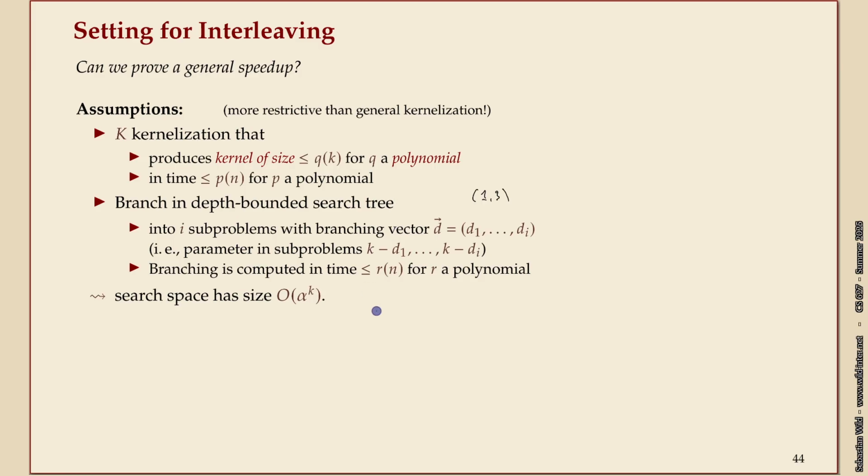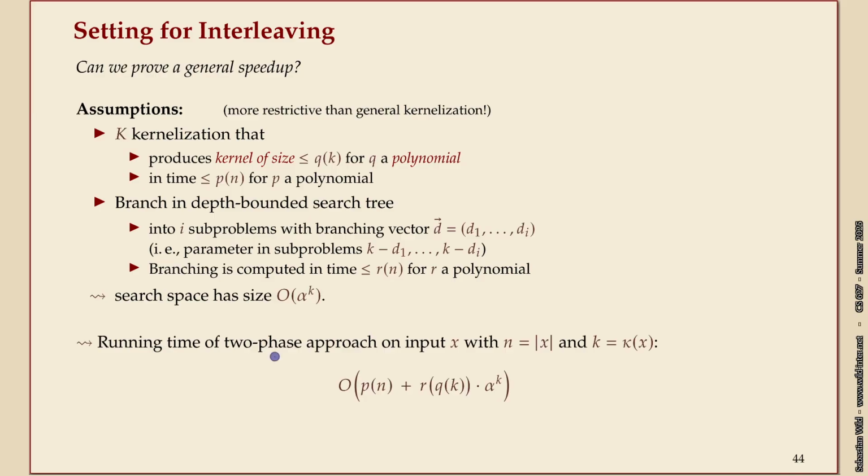From this alone, or basically this part alone, we know that the search space has some exponential size. And this base of the exponential growth, alpha, is just this root of the characteristic polynomial, whatever that is for these d_i. Okay, it just depends on those numbers by how much do we reduce the parameter in each of the recursive calls. If we now think about the variant A of the algorithm again, we first run the kernelization. That takes p of n time and leaves us with an instance of size q of k.